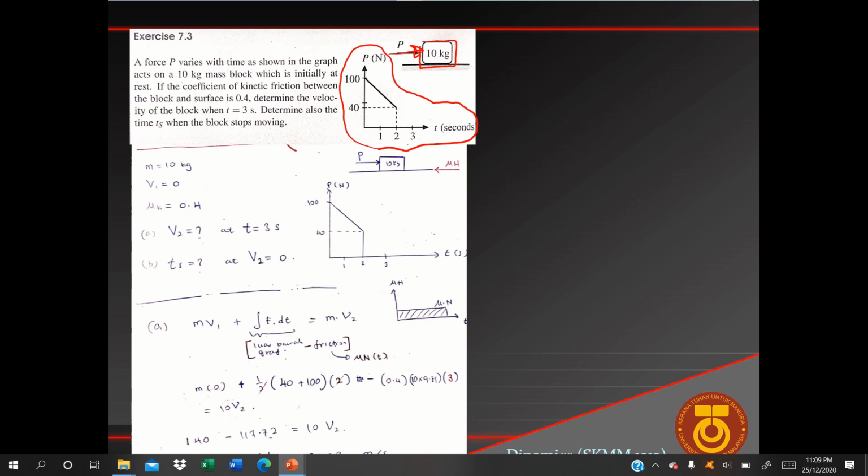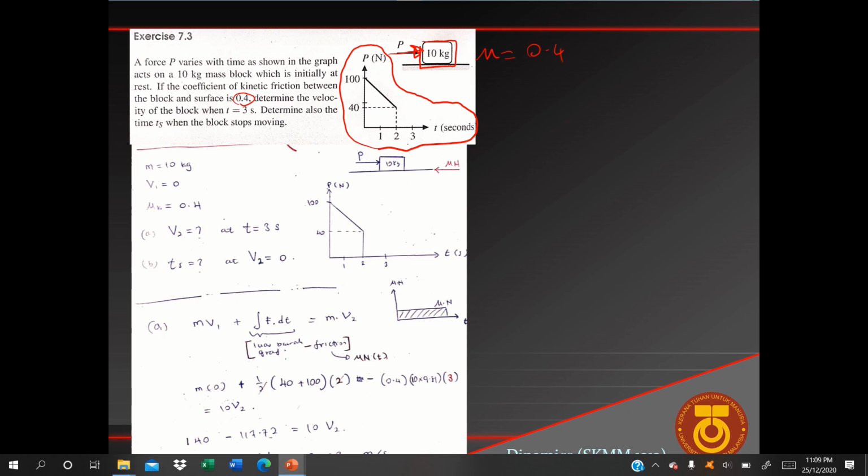It starts at 100 Newton but slowly goes downward to 40 Newton, and the force is given only up to 2 seconds. If the coefficient of kinetic friction between the block and the surface is 0.4, so you are given mu equal to 0.4.